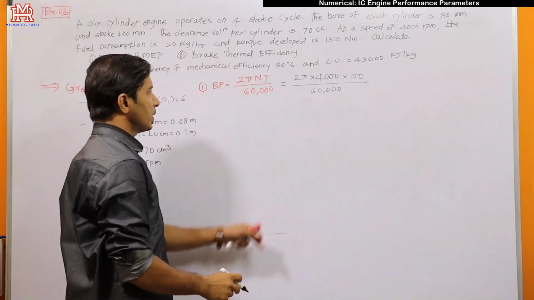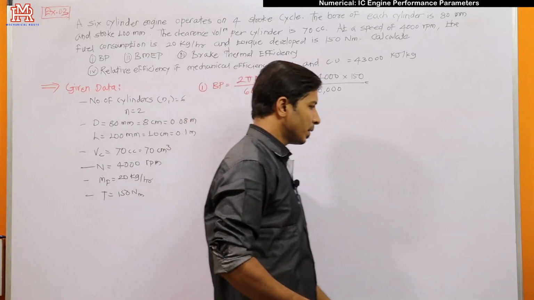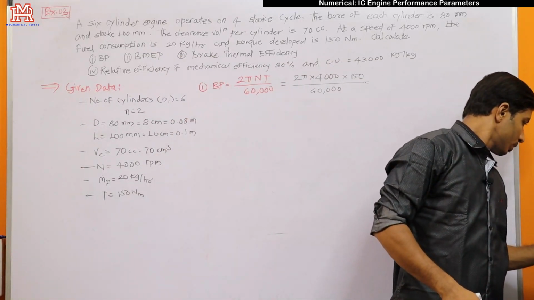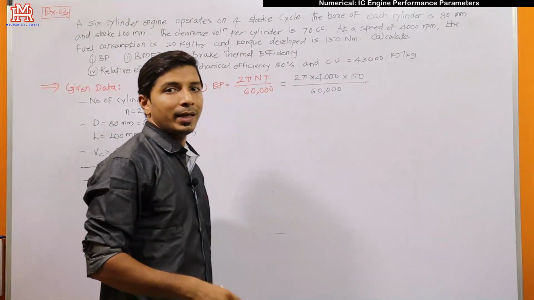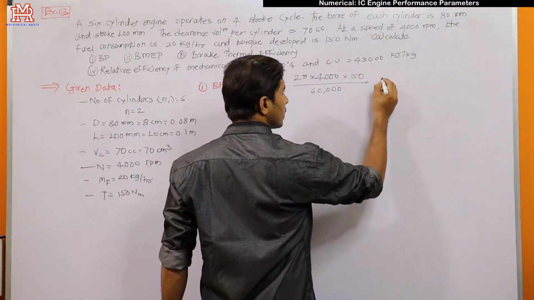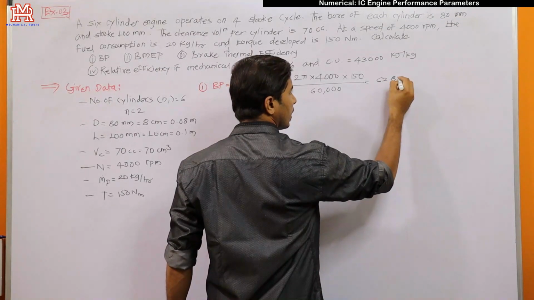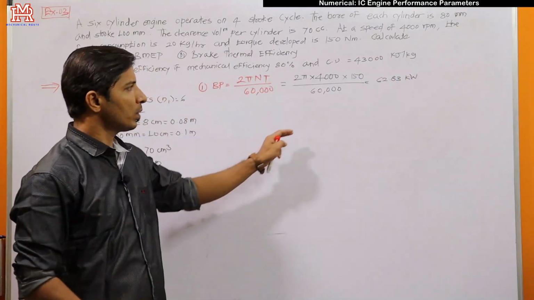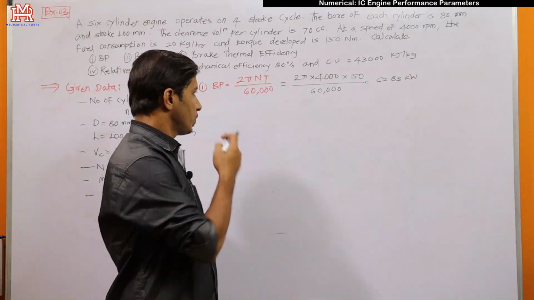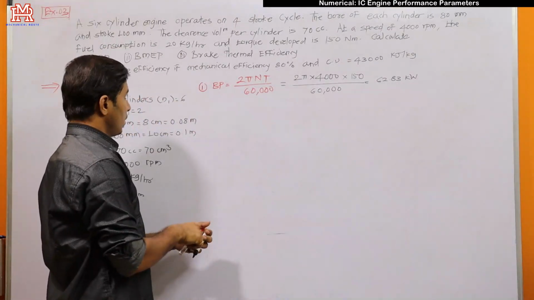Simplify this, you will get the answer for brake power: 62.83 kilowatt. Please verify whether you have got the same answer or not. So this is the first parameter which is asked.